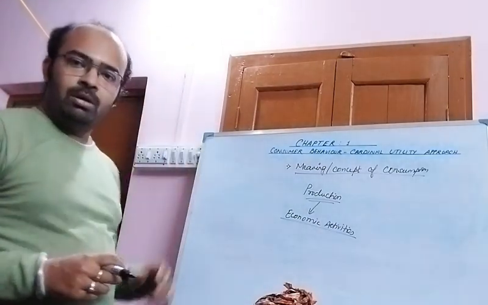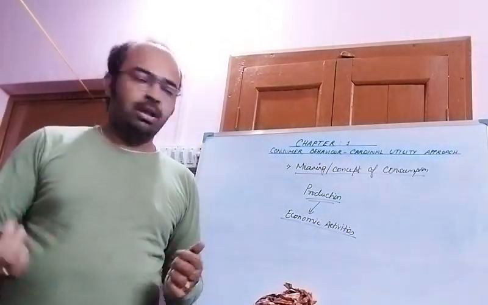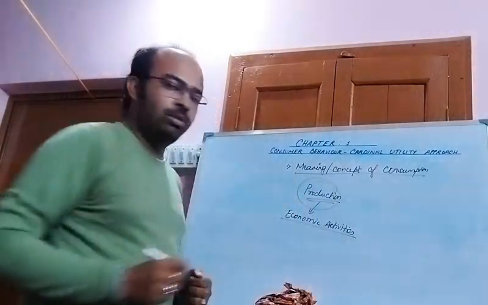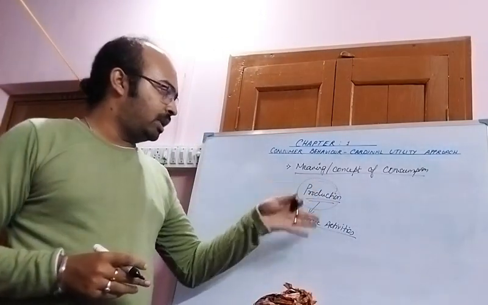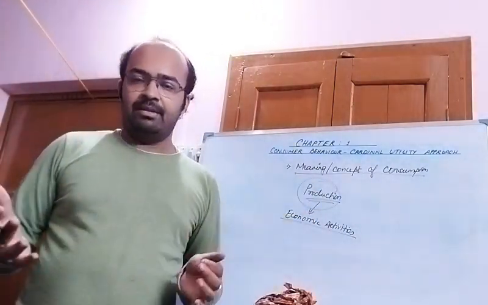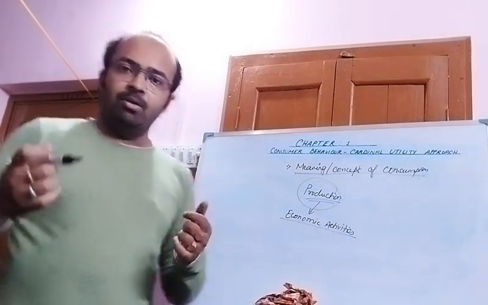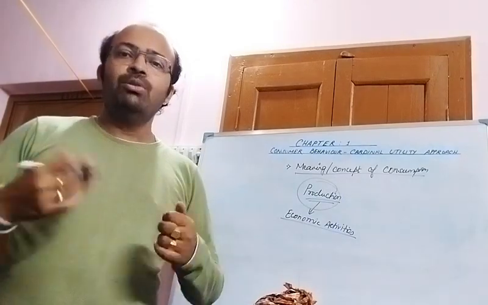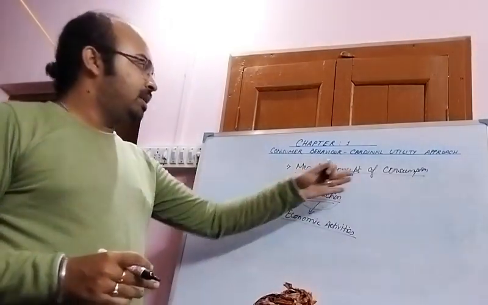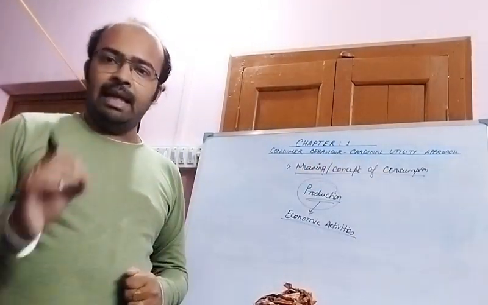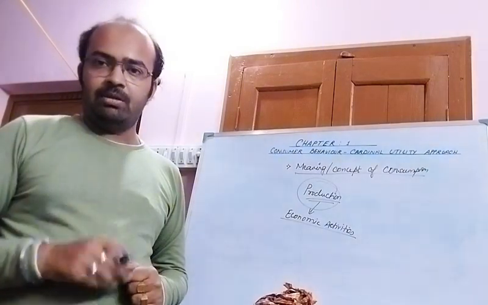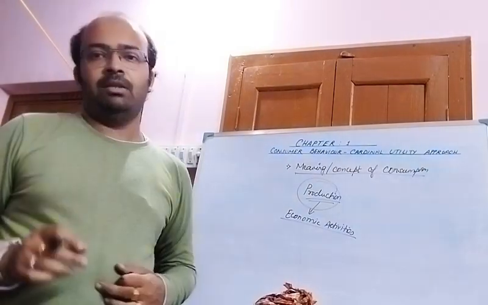Economic activity involved the production of goods and services. After production is finished, it is available in the market, we purchase it, and once we purchase it, we use it. So we can say that consumption is the end of all economic activity.